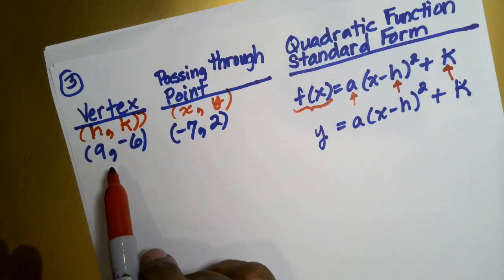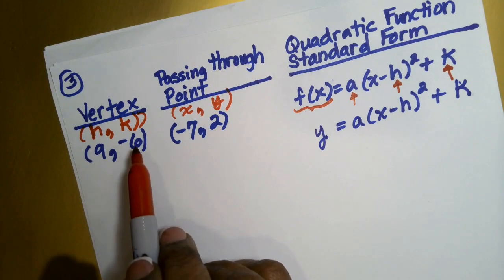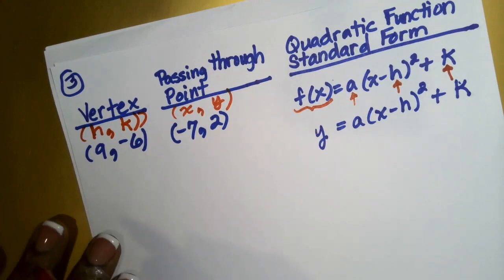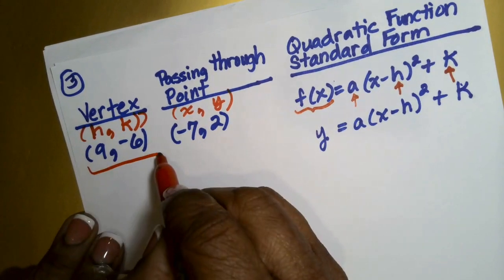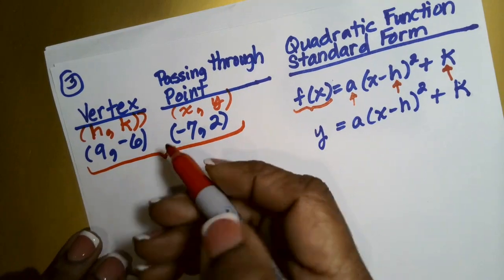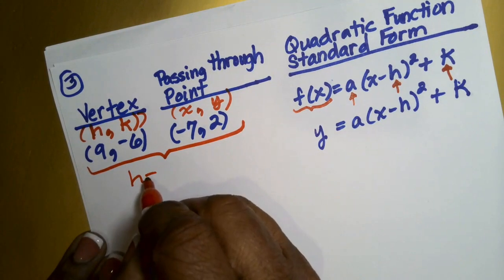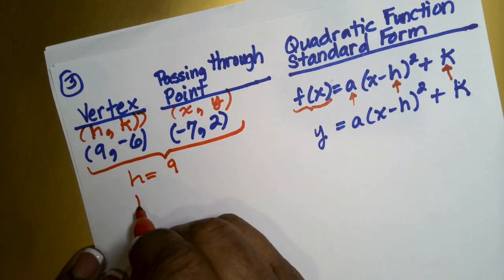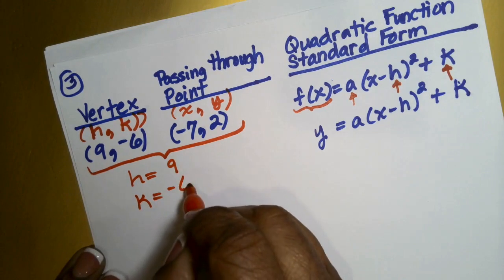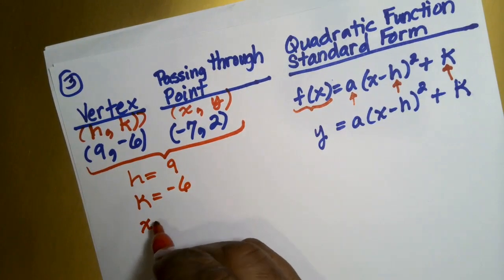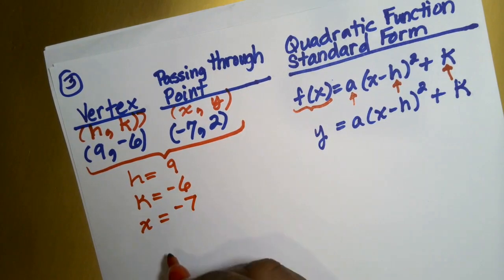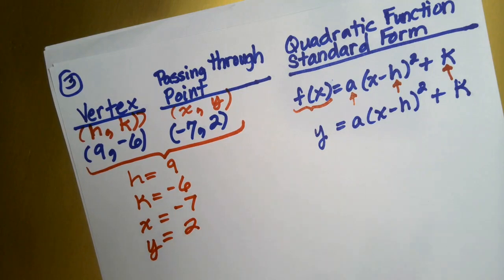So now we know that h equals 9 and k equals -6. So let's go ahead and list out what we know. H equals 9, k equals -6, x equals -7, and y equals 2.